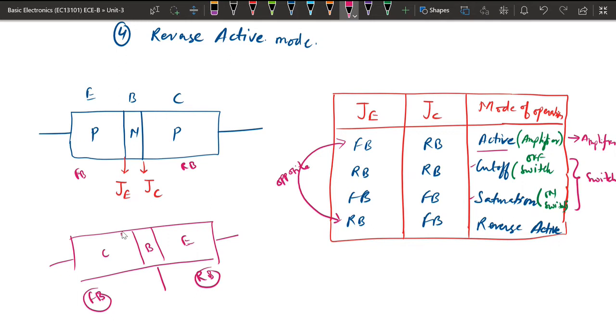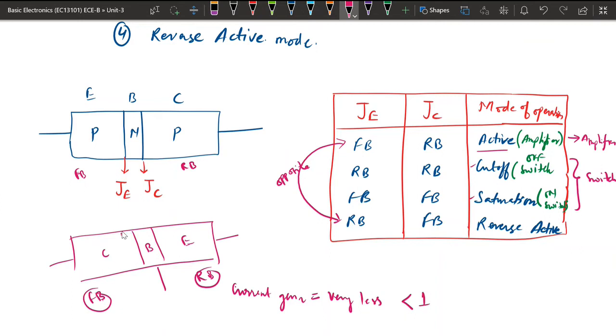It will be having a transistor, but in this case the current gain, one of the parameters that we find depending on the mode in which the BJT is working, is very less. The current gain in reverse active mode is even less than 1.